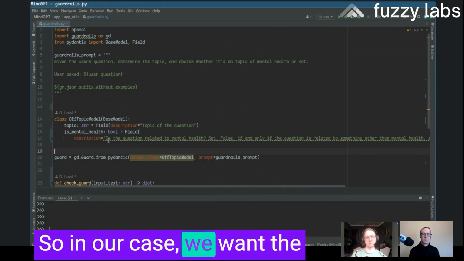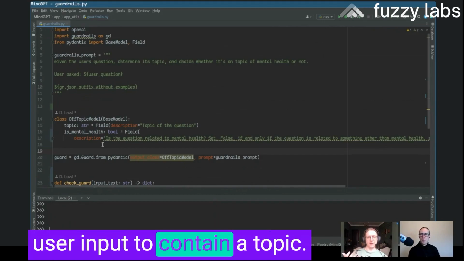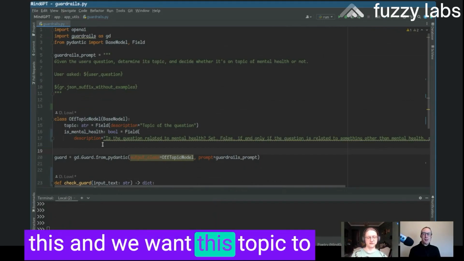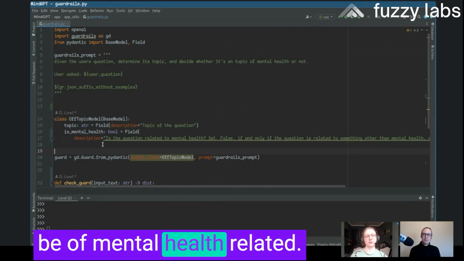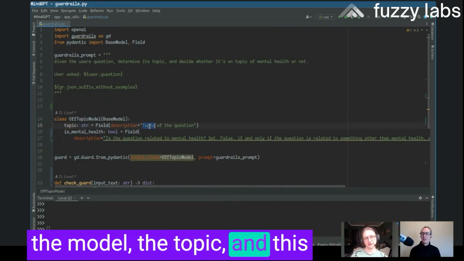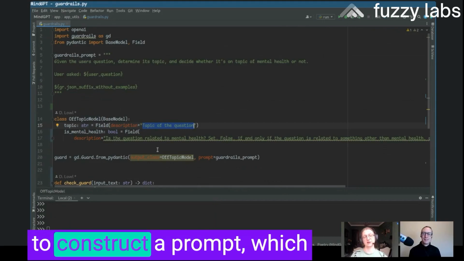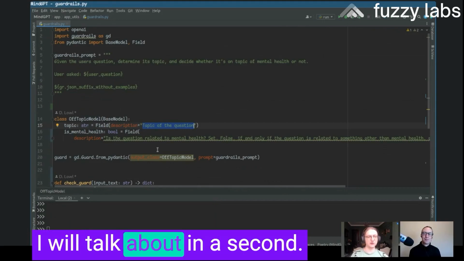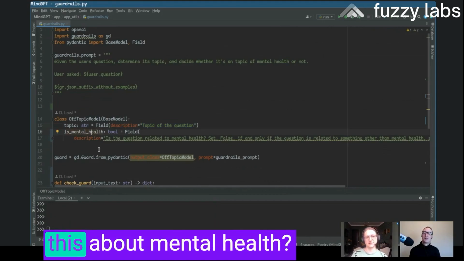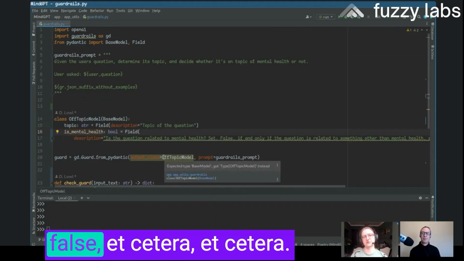In our case, we want the user input to contain a topic, and we want this topic to be mental health related. So we define two fields for the model: the topic, and this description helps Guardrails to construct a prompt, which I will talk about in a second. And we add a flag for, is the question related to mental health? Is that false? Etc.